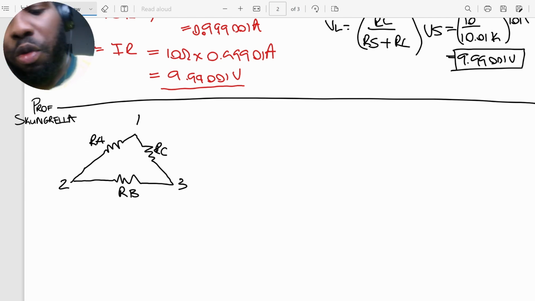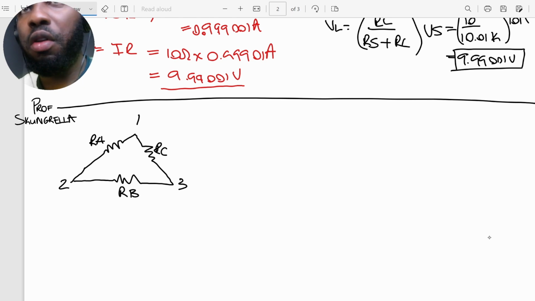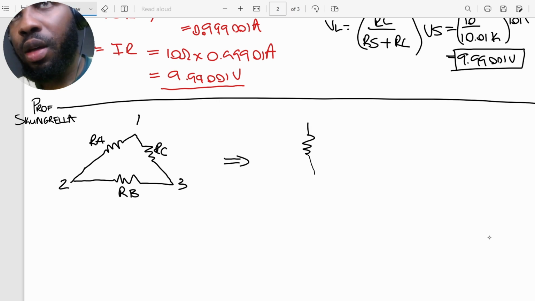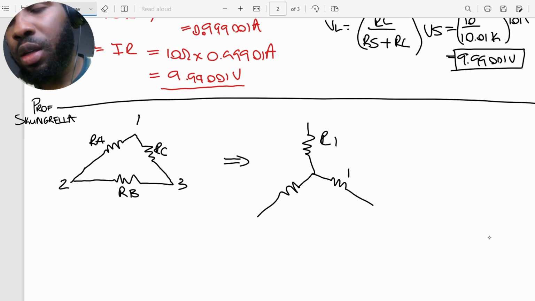We may need to convert this into another form so we can solve the problem. We want to convert it into this form right here, which is called the Y form. So we have here R1, R3, R2, and of course connected to points 1, 2, and 3.